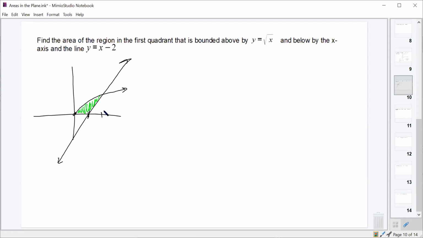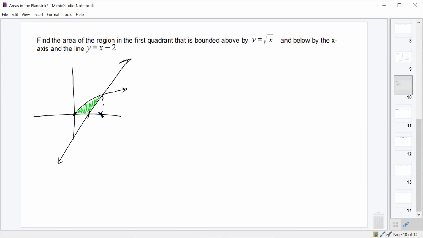No, but could you do that and then subtract the triangles? Yes, so that's one thing that we could do. In fact, we're going to do this same problem a couple of times, and that's one of the ways that we're going to do it. So we can do that way first.